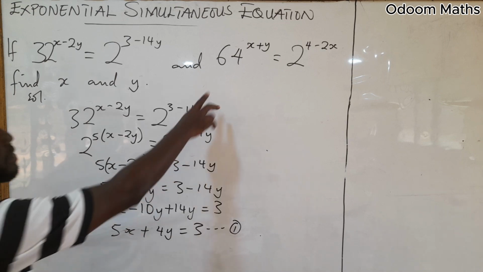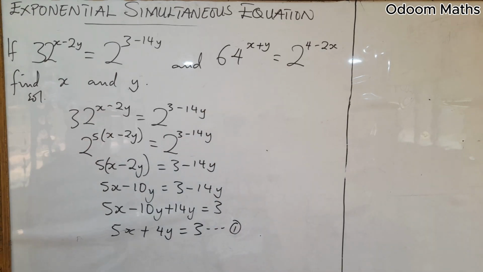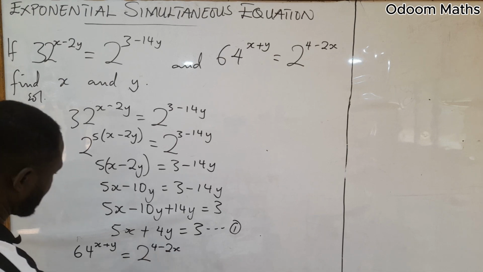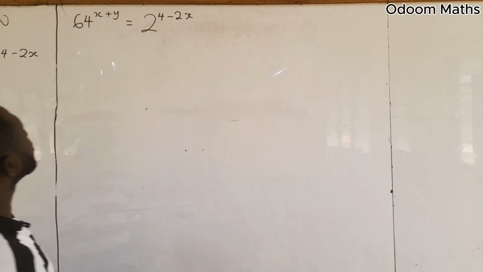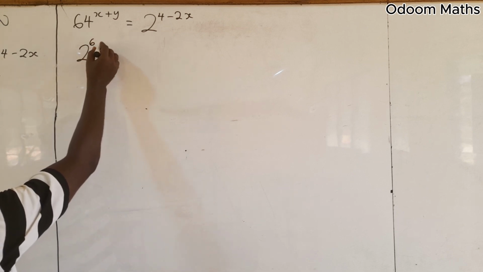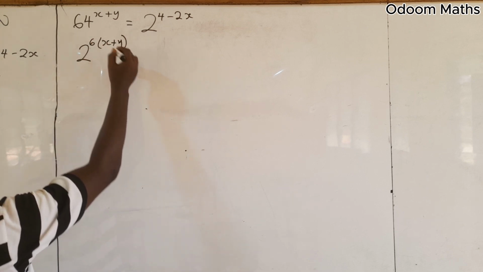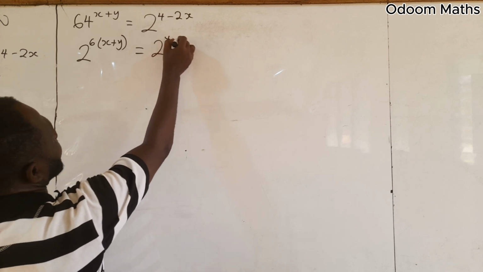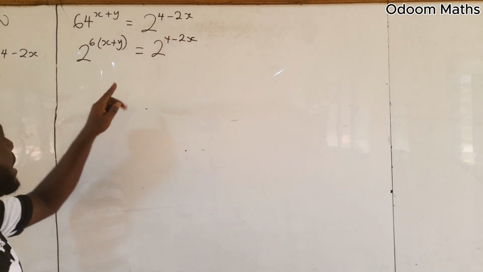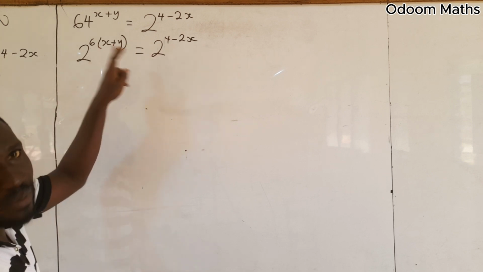Now let me come to this one and get another equation. That is also going to be 64 to the power x plus y equals 2 to the power 4 minus 2x. So 64 can be written as 2 to the power 6, then x plus y, and then 2 to the power 4 minus 2x. The bases are the same, so we can just equate powers.